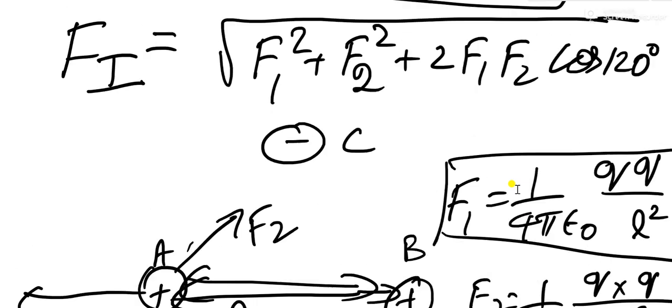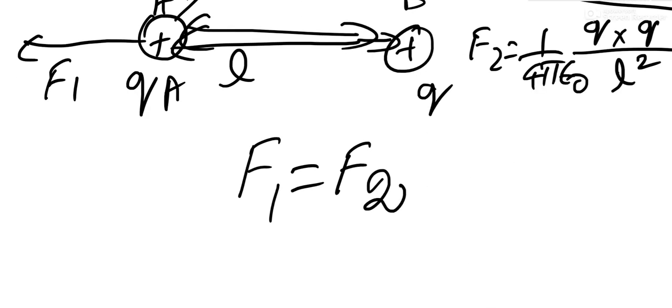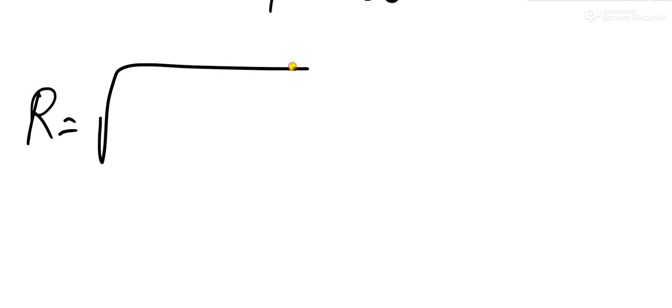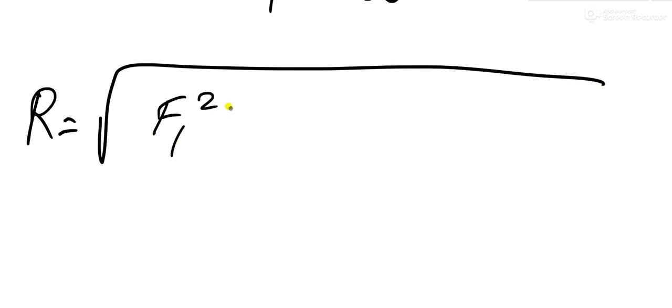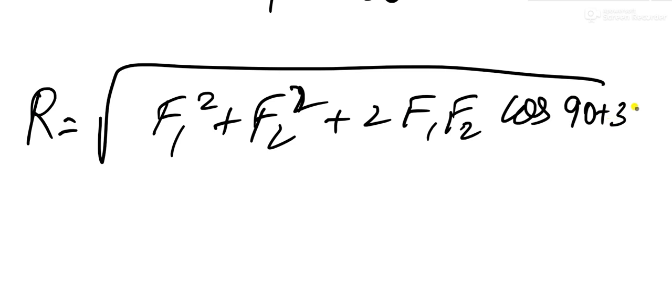Now, the resultant solution, as already discussed, in the case F1 becomes equal to F2, what will happen? F1 is equal to F2, in this case the resultant is equal to root of F1 square plus F2 square plus 2 times F1 F2 cos 120. Instead of writing cos 120, you can write 90 plus 30, because we don't know what the 120 degree value is.